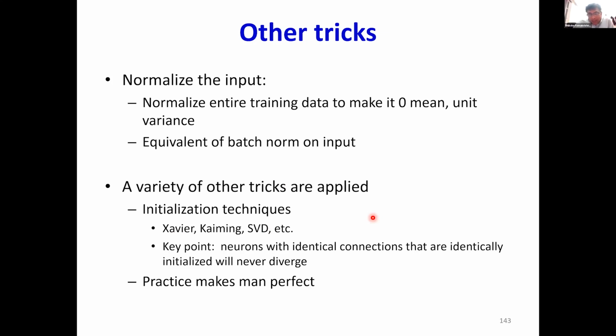Another key point is that neurons that are identical at birth will remain identical at death. They will never diverge. And so we want to make sure that all of our neurons are distinct from one another. So overall, there's so many little tricks and so many little things you have to keep track of, that making models converge is an art form. And the only way you're actually going to become really good at it is through practice.